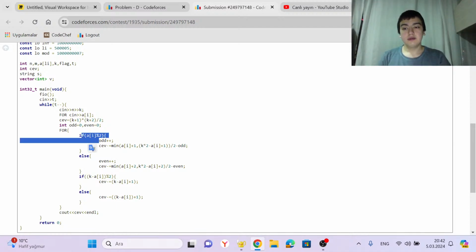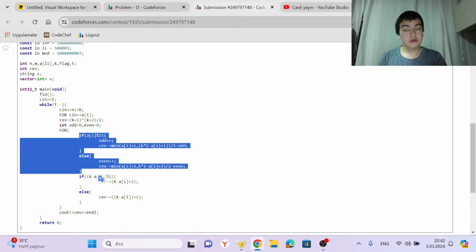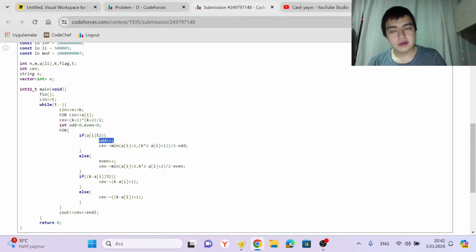This part is choosing a_i as x plus y. If it is odd, I have increased odd, and I have decreased the answer by the minimum of a_i plus 1, and k multiplied by 2 minus a_i plus 1, divided by 2.